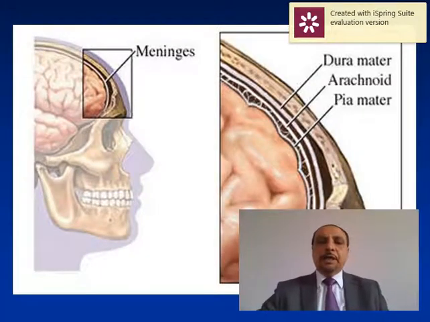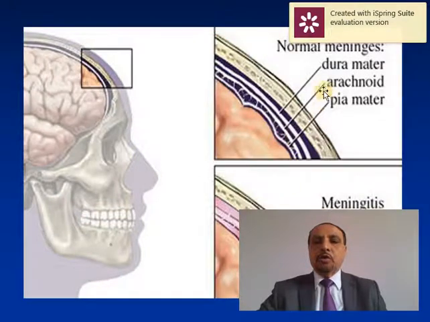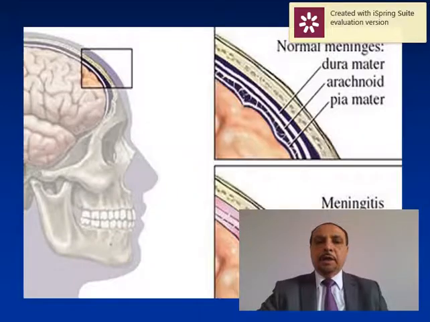Here, as you see, this is the meninges. We have the pia mater covering the brain, then the arachnoid and dura mater, and this picture shows the normal meninges and the infected meninges. As you see, there is congestion, edema, redness, swelling. All these things are present after infection.